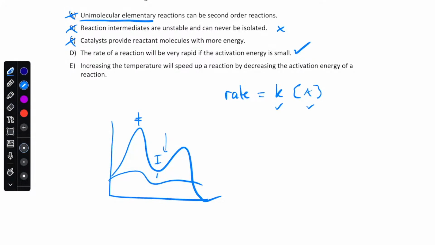E: Increasing the temperature will speed up a reaction by decreasing the activation energy. Temperature does not affect activation energy. It just affects the number of molecules that have enough energy to get over that barrier. It also increases the number of collisions. Temperature does two things, but it does not lower the activation energy.